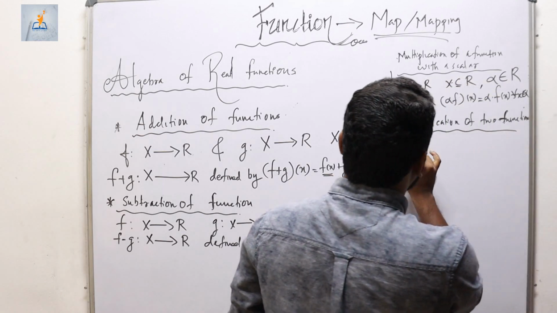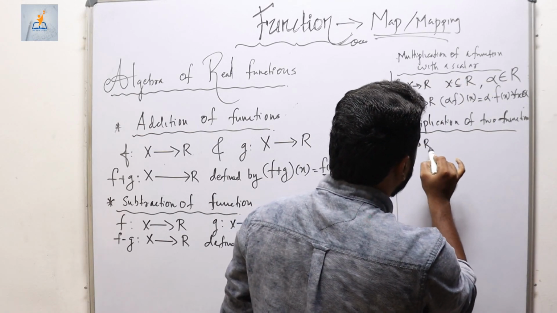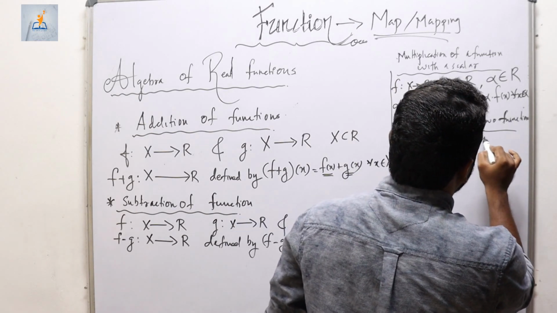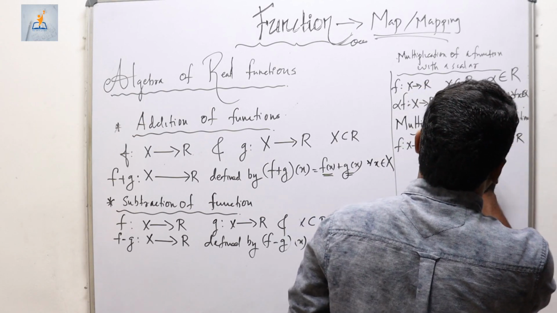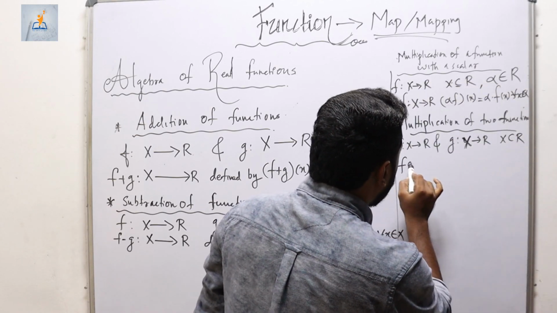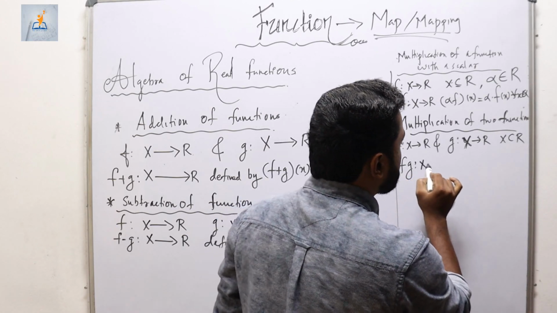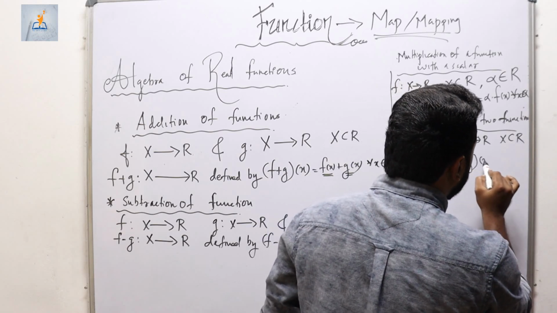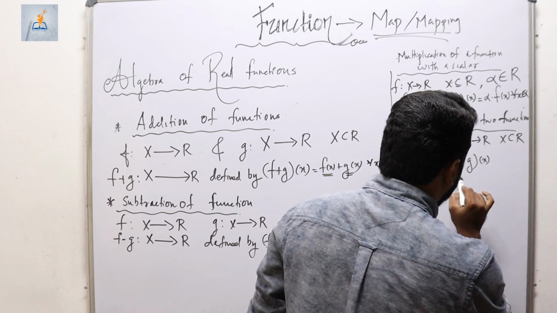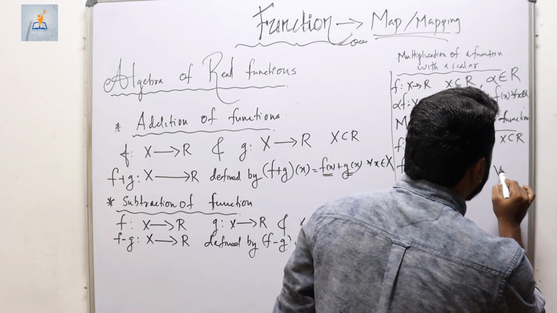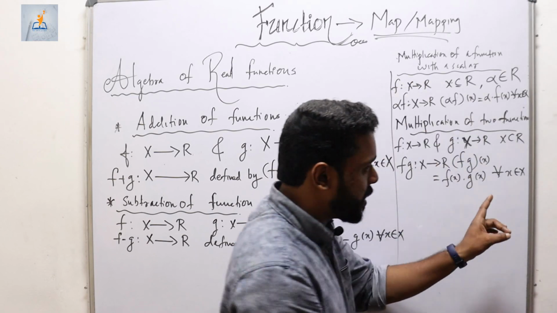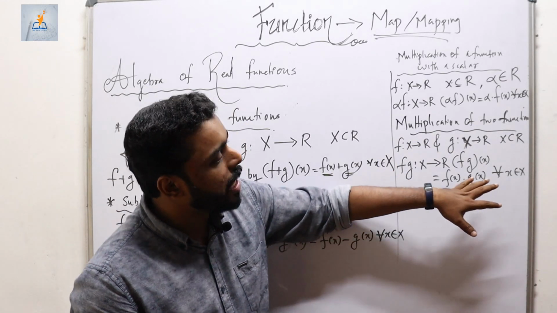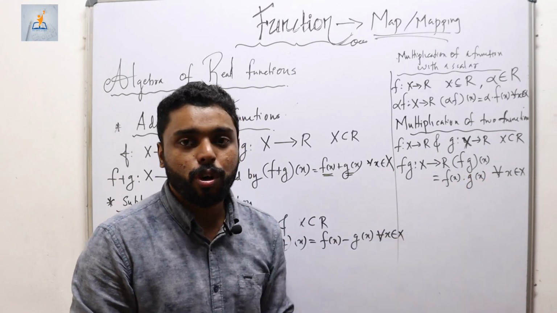Suppose that we are given a function f from X to R and g from X to R, and X is a subset of R. Then the product fg is also a function from X to R, and it is defined as fg of x is equal to f of x into g of x for every x element of X, which means that for every input value, the product of two functions can be evaluated by just finding the product of individual functions.